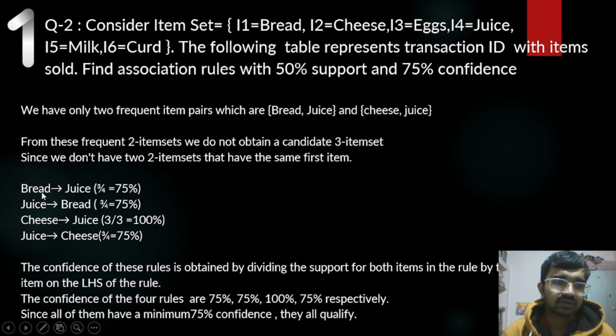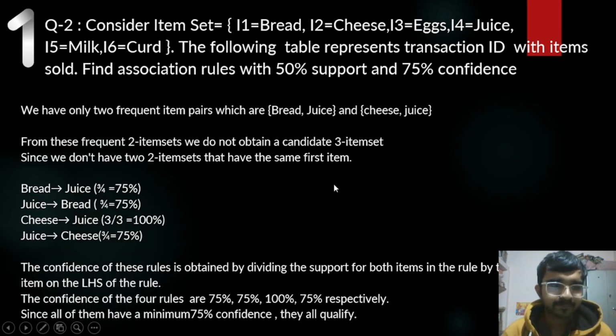As we calculated bread to juice, we got 3 by 4, which is 75% confidence, and juice to bread we got 78%, cheese to juice we got 100%, and juice to cheese we got 70%, which is greater than or equal to our required confidence level.